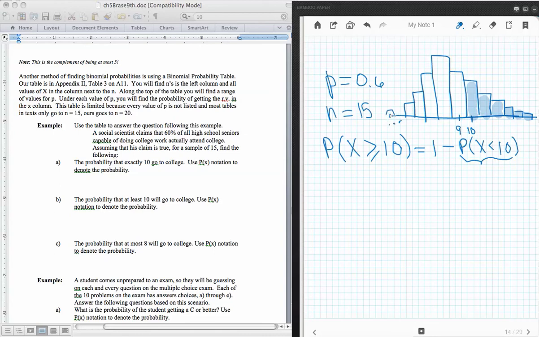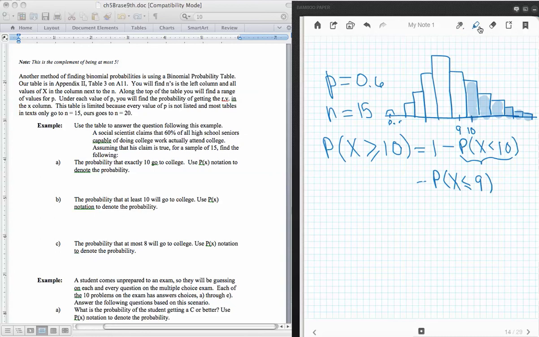And so that's what we need to calculate. We actually need to calculate this being the probability of being less than or equal to 9. So x is less than or equal to 9 here. And that is going to give us our probability for this, but then that is just this portion down here.